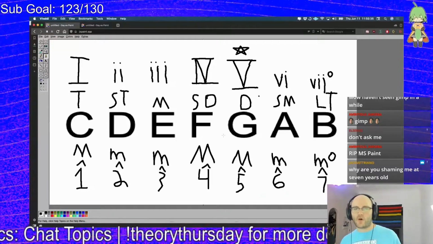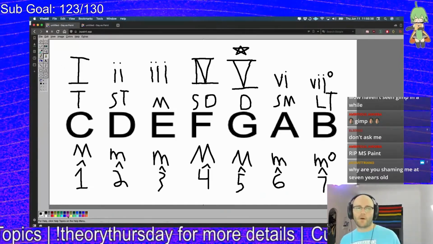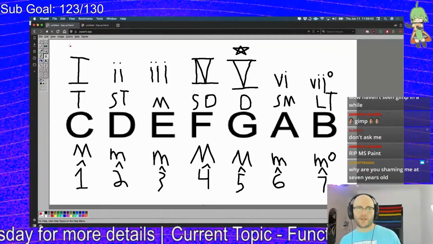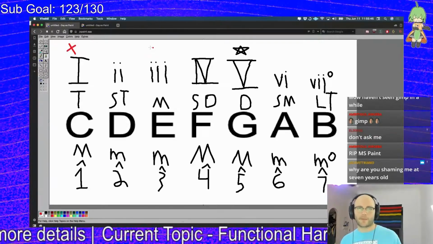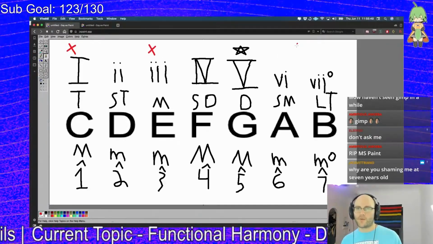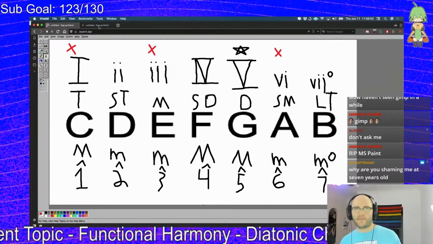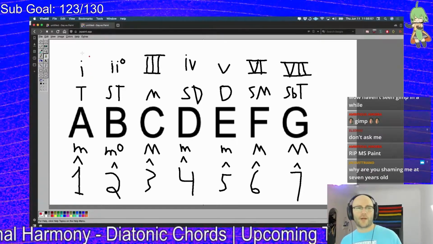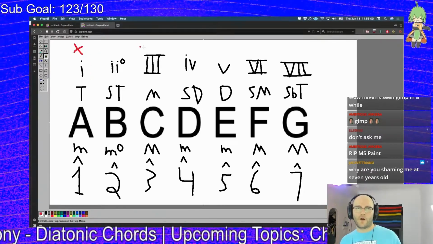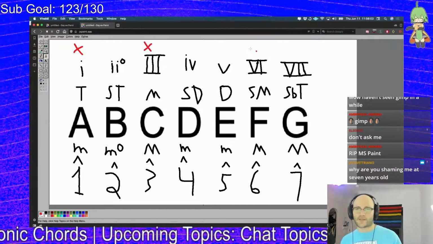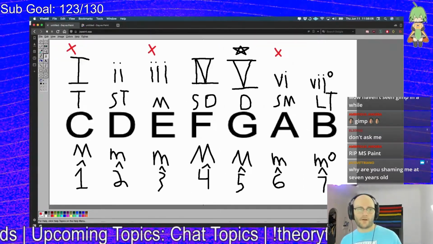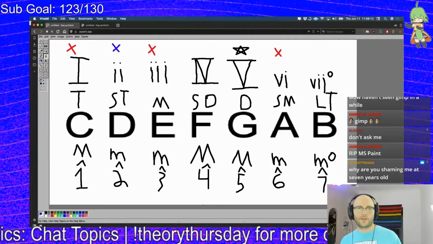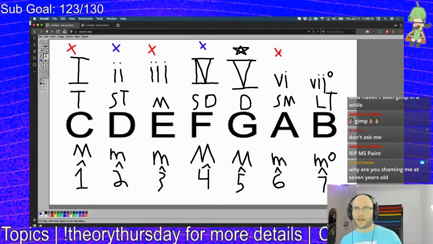The last thing I'm going to do for all of these is I'm going to start to mark them with specific colors. I'm going to mark this with a red X, this with a red X, and this one with a red X. Red X on the 1, on the 3, and on the 6. I'm going to have blue next to the 2, next to the 4, and next to the 6.